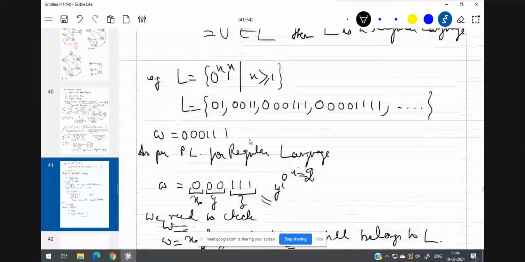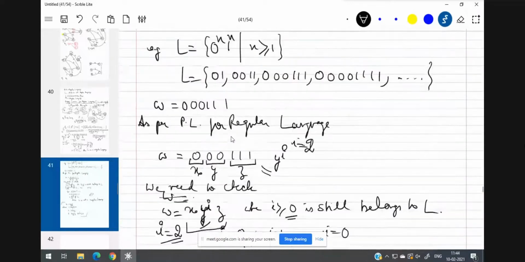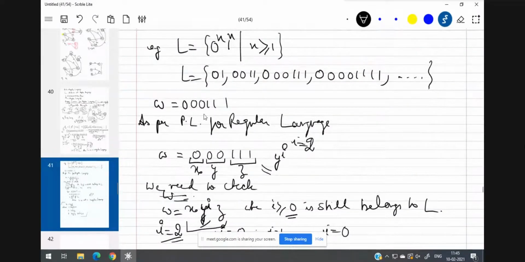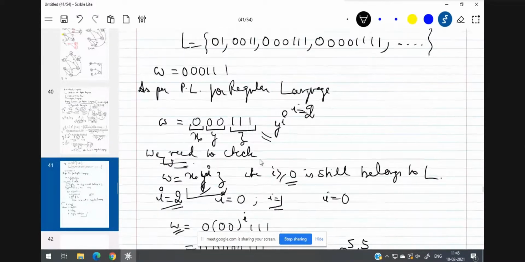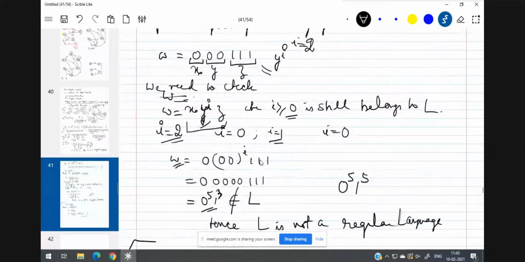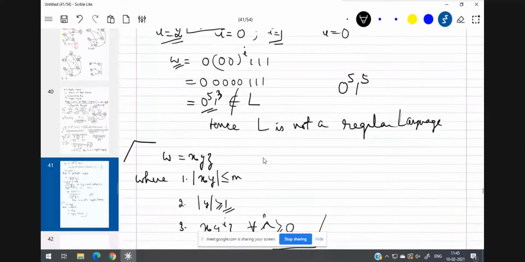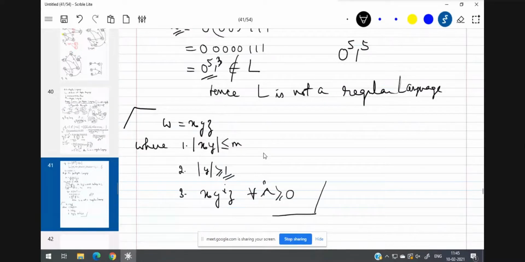Let me consider the same language, but instead of a specific value like 11 or 5 or 6, I'll be considering a general value. Purposely, I'm doing this so that you go back and read the pumping lemma for regular language from the textbook once. So let me take another, general example, and then let me finish this class.